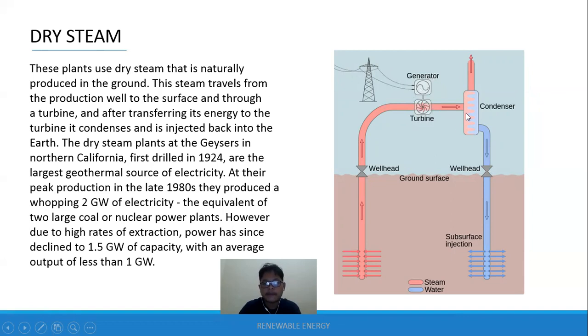The steam will flow to the condenser, and it will change to water, and the water will be injected back into the inside of the earth.